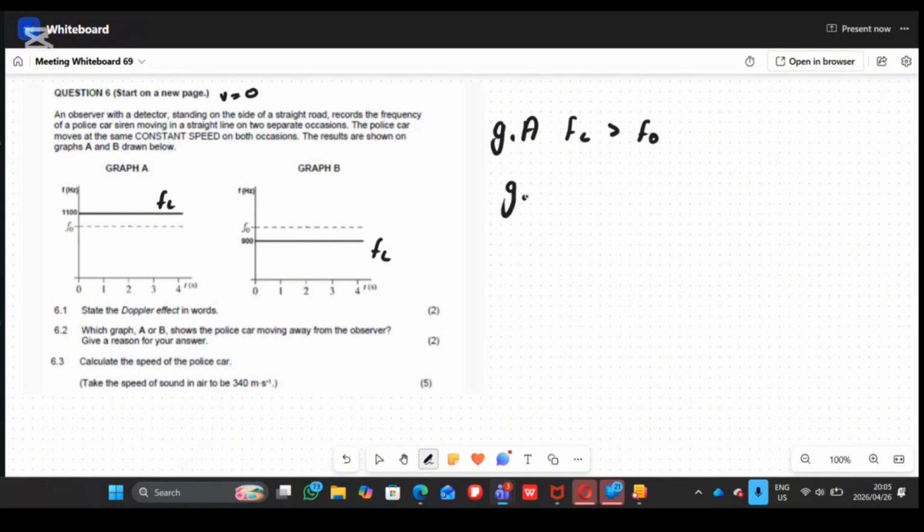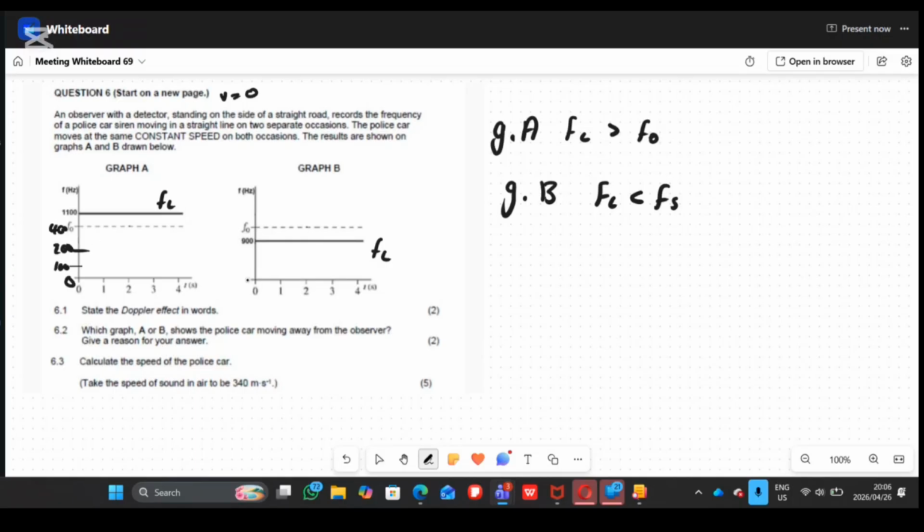And then in graph number B, the frequency of the listener is less than the frequency of the sound source. Why am I saying that? Because it starts at 0, right? And then this might be 100, this might be 200, this might be 400, and so on.